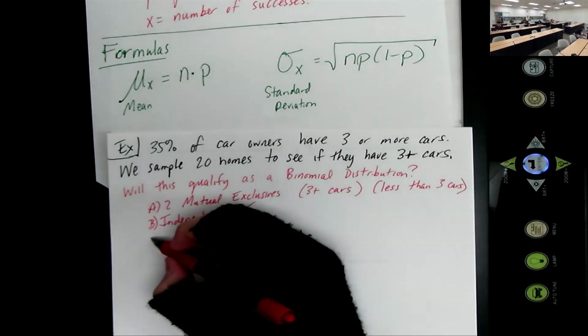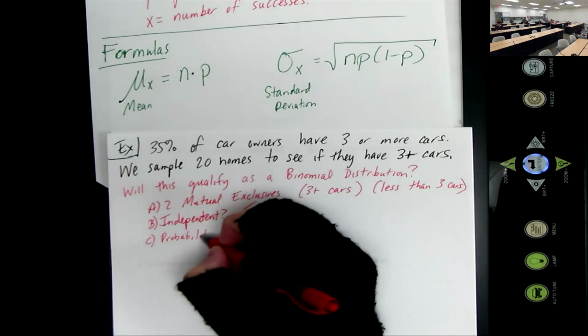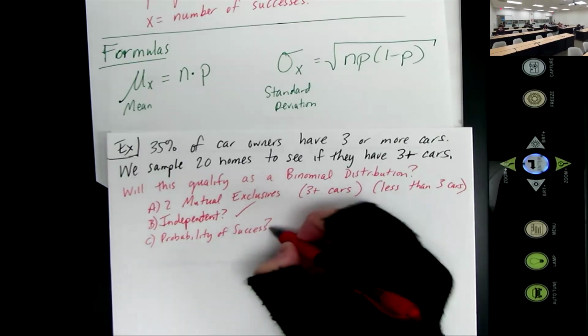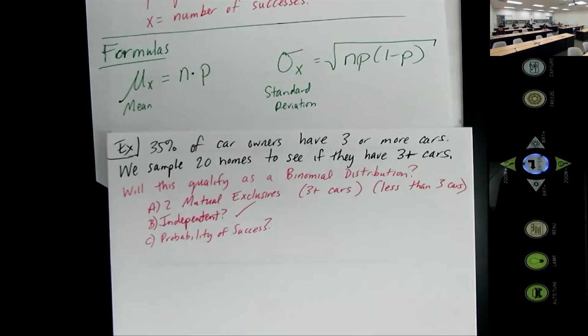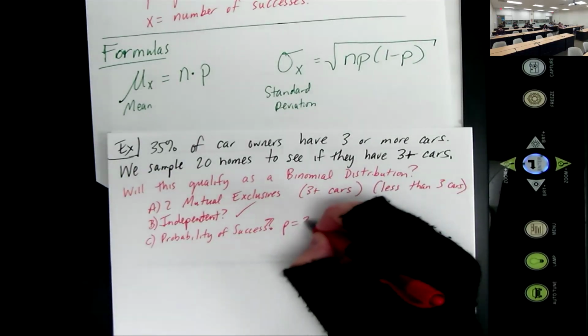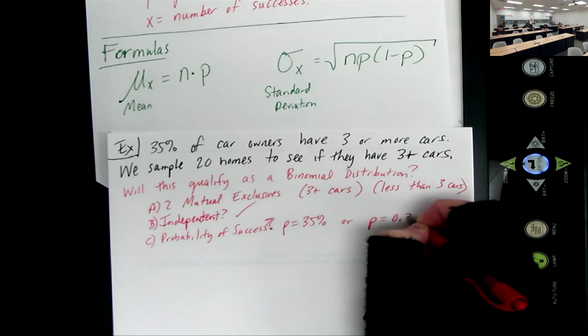Does the probability change, or is it the same? What's the probability of success? 35%, or to use this in StatCrunch, we need it as a decimal.